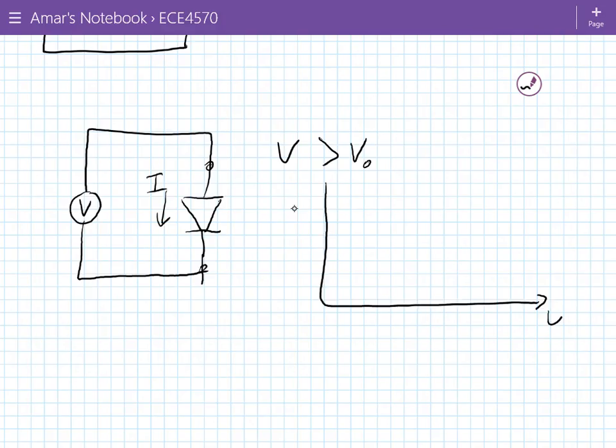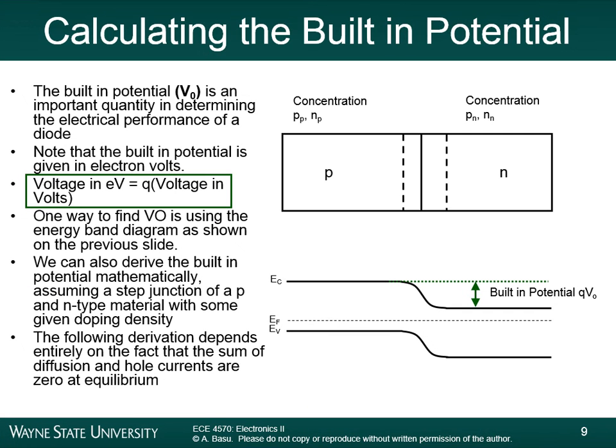So you put a voltage across there. If you measure the current, you'll have pretty small currents right up to the point where you get to the built-in potential. And then the current will shoot way up. So it's important to be able to find this built-in potential.